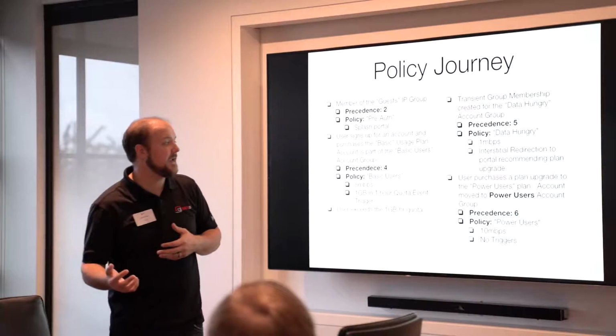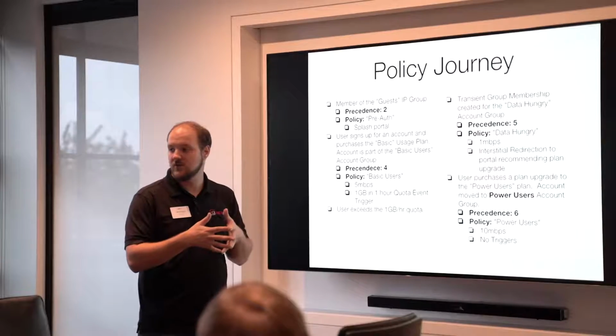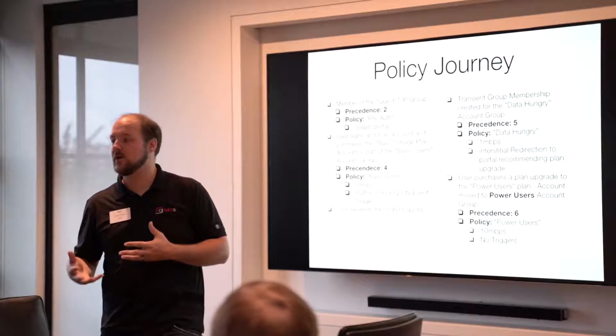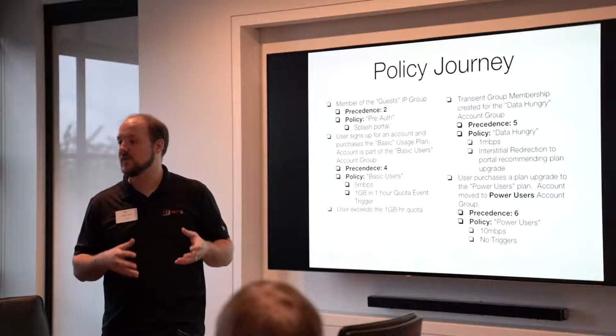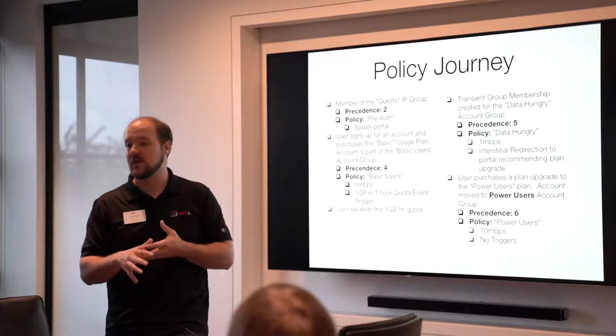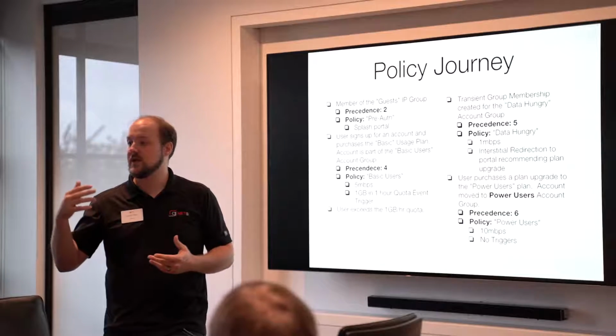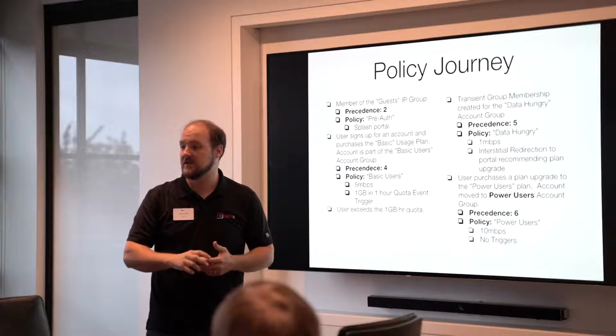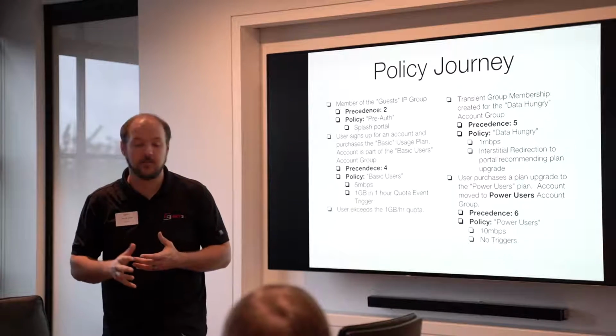If you have a situation where you've got 2 groups in the same precedence, then you start to have unpredictable behavior. So you want to make sure that you have your precedence values set such that you have the ability to target a particular policy to a device without any confusion.